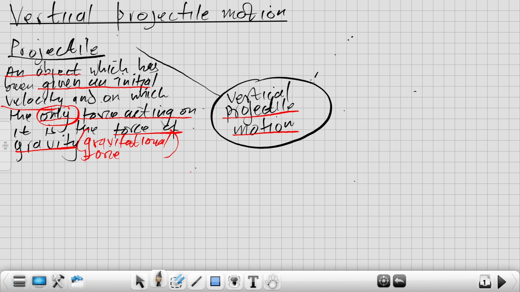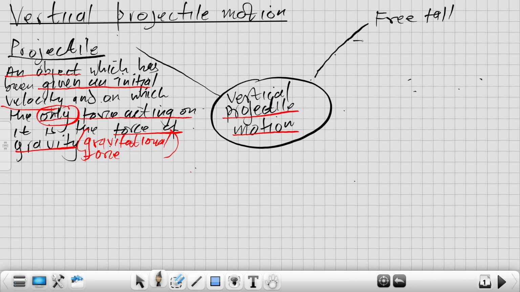Then we further explain the type of motion that this object is going to experience, and that motion is called free fall motion. So we also need to be able to define what a free fall is.